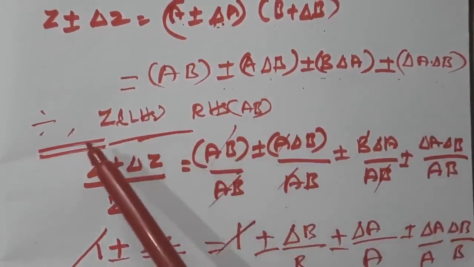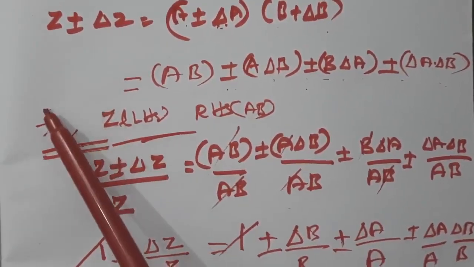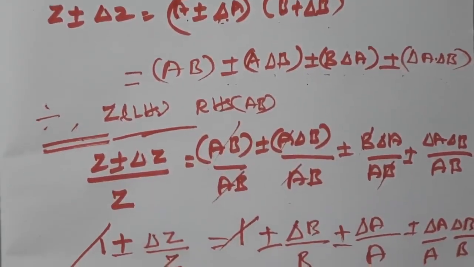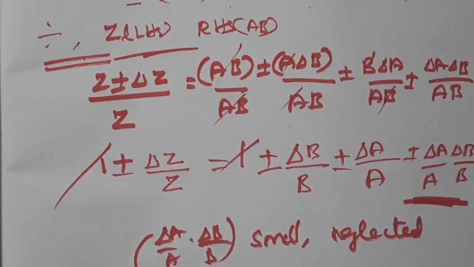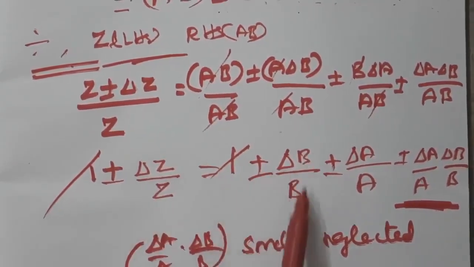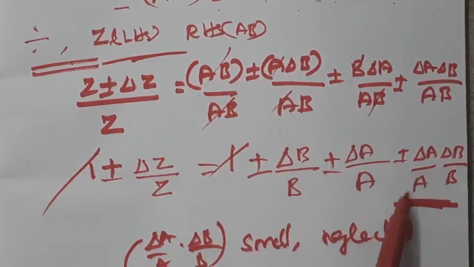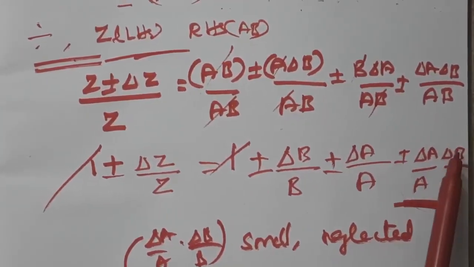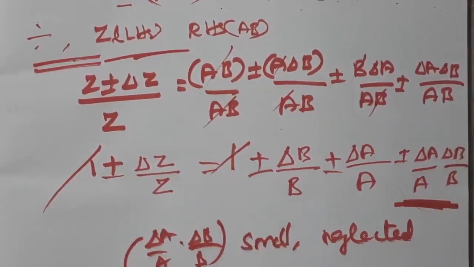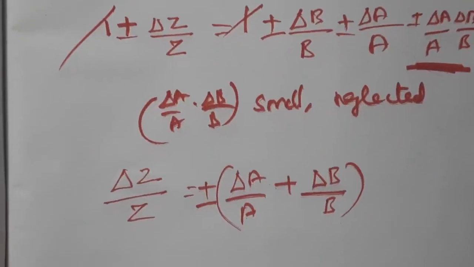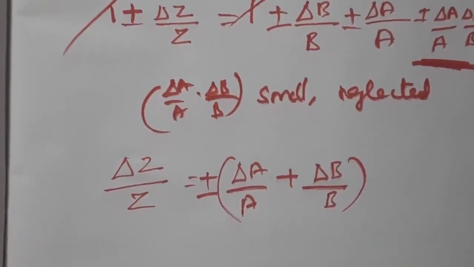Here for simplification we are dividing the left hand side by Z and the right hand side by AB. So the simplified term we will be getting: 1 plus or minus delta Z by Z is equal to 1 plus or minus delta B by B plus or minus delta A by A plus or minus delta A by A and delta B by B. This term is very small, so we can neglect it, and 1 also we will be getting 0. So delta Z by Z is equal to delta A by A plus delta B by B plus or minus.